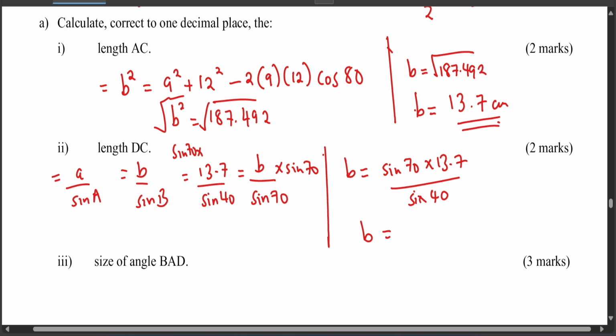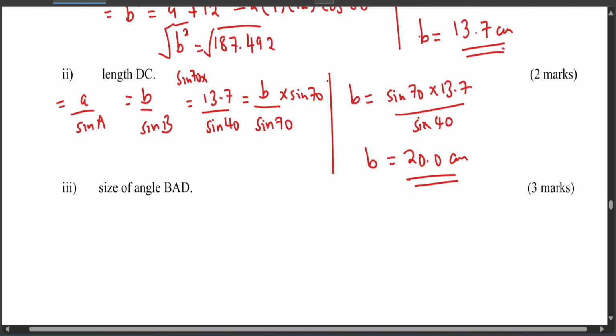So answer yako ni 20.028 or 0.28. You can write it as 20.0 kwa sababu ni one decimal place. Sawa, 2 marks zingine pia tayari ushapata.